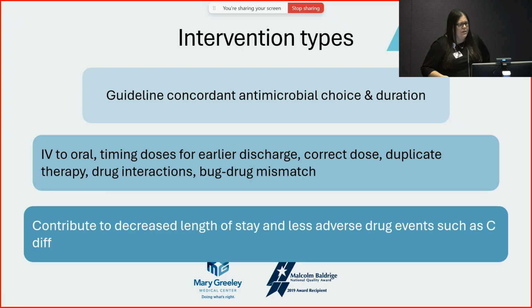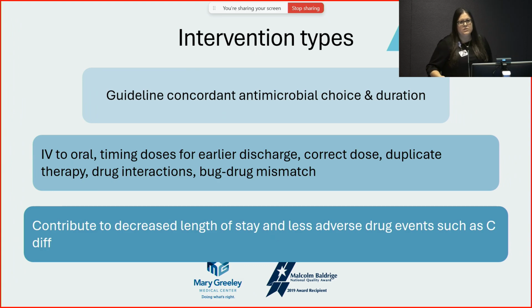With the metrics that we use for our antimicrobial stewardship, we track the daily work the pharmacists do to support the providers taking care of the patients by the intervention types that the pharmacists are making. So the pharmacists are looking at all the antibiotic patients, making sure that guideline concordant choice and duration are being used.